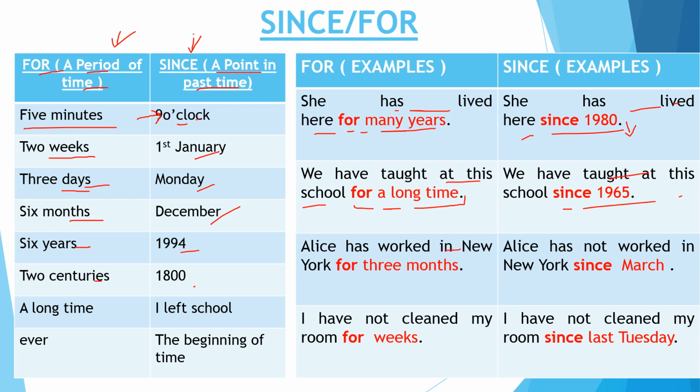Alice has worked in New York for 3 months. With 3 months, see here, it is not mentioned clearly. But here, Alice has not worked in New York since March. A specific month is mentioned here. I have not cleaned my room for weeks. How many weeks? From when? I have not cleaned my room since last Tuesday. That is how we use since and for in sentences.